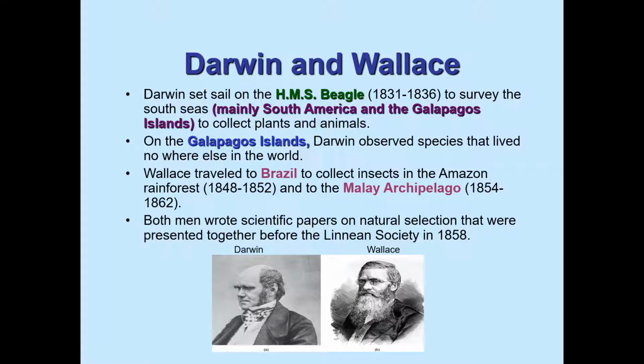Now, Darwin went to South America and the Galapagos Islands, which are off the coast of Ecuador, and then Wallace went to Brazil and the Malay Archipelago, and that makes up the largest group of islands in the world. And the Malay Archipelago is really the 17,000 islands in Indonesia and the 7,000 islands in the Philippines. So it's really Southeast Asia. And both of these men collected lots of samples and then wrote up their observations and presented them in 1858.